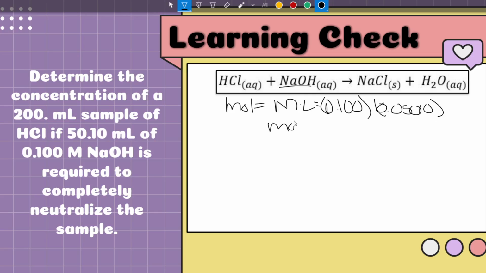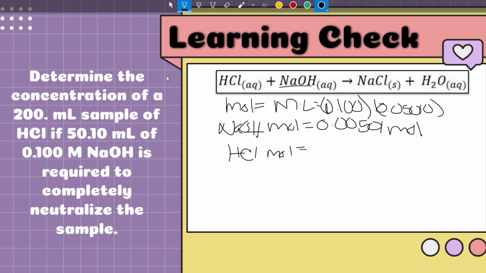So our moles of NaOH should be 0.00501 moles. Now, because this is a 1-to-1 ratio, if this is our moles of NaOH, that's going to be the same for our moles of HCl.